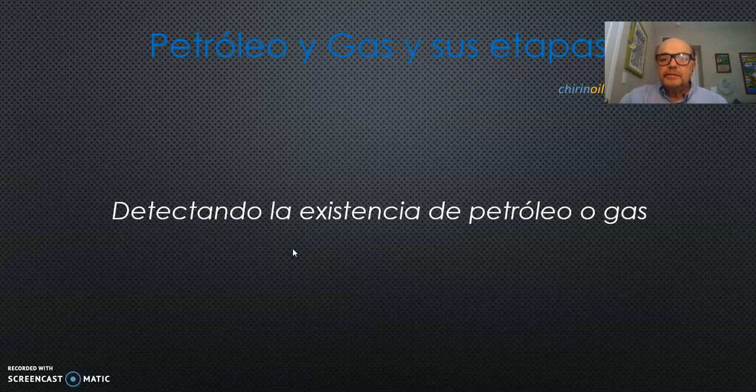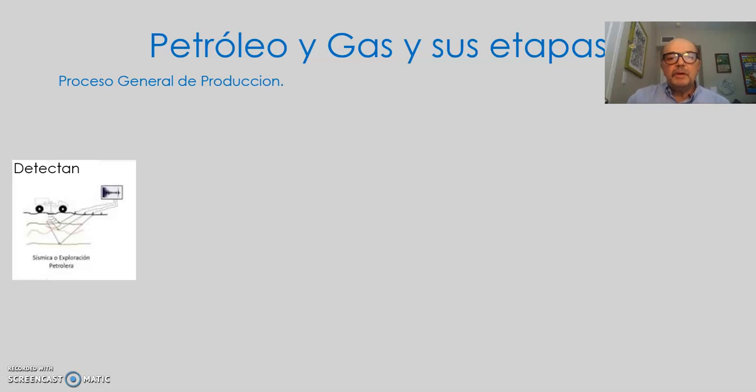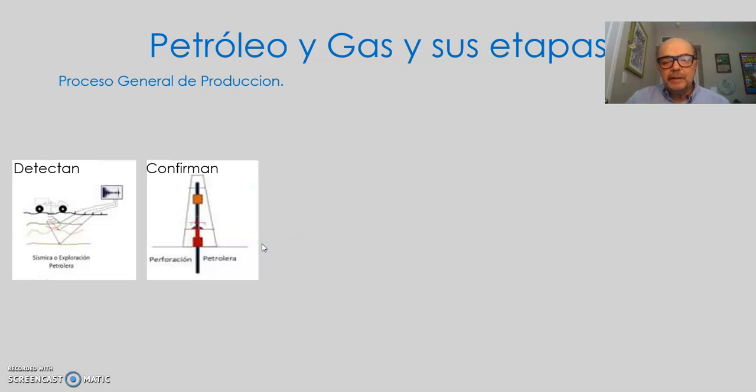So this is the first one I told you about: detecting a trap of oil or accumulation of oil and gas. Next is the confirmation of those reserves through drilling of wells, taking logs and samples, the process to confirm that what we saw is really there.